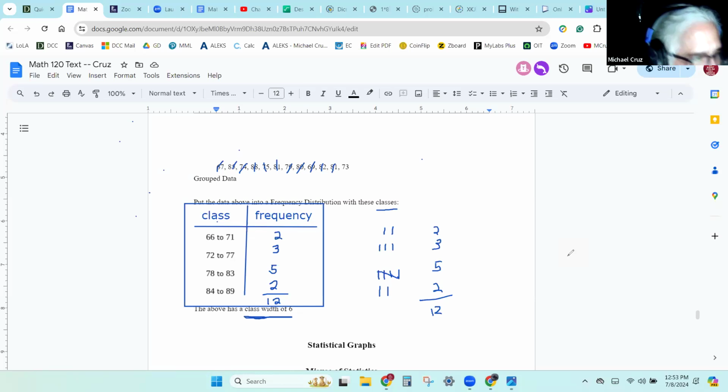So anybody have any questions about how we determine where each one of those values go? All right, well, let me talk about this class width.